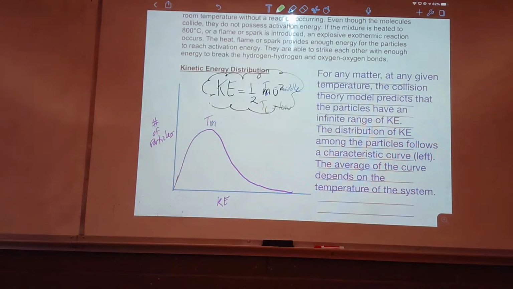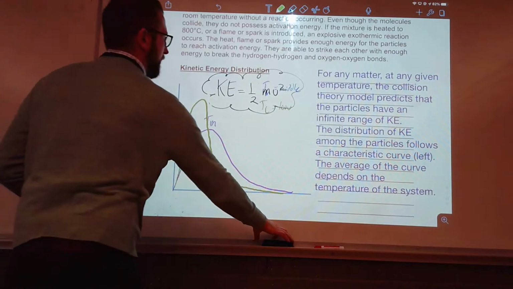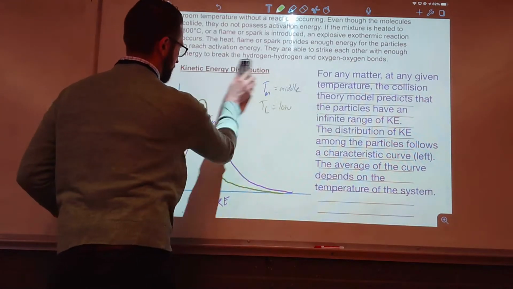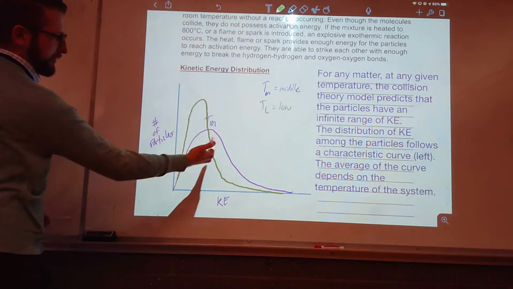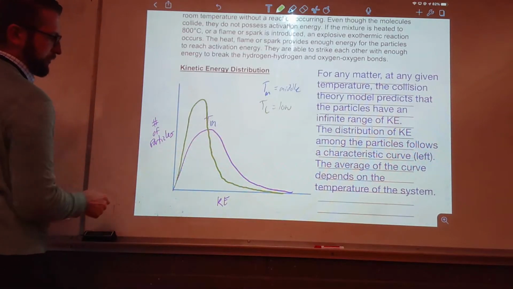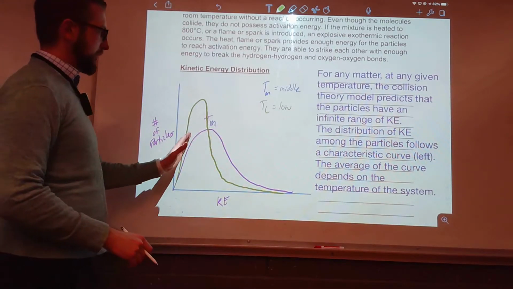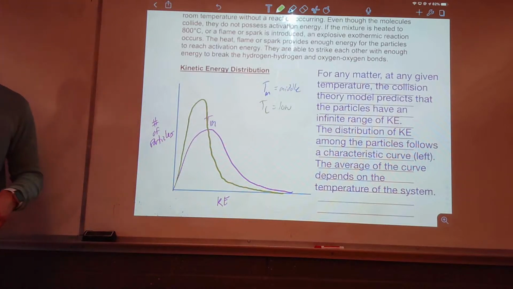And low is going to be a little bit taller. So at TL, the grouping moves backwards a little bit, and it gets a little taller. It's not my most beautiful curve ever, but it'll do.